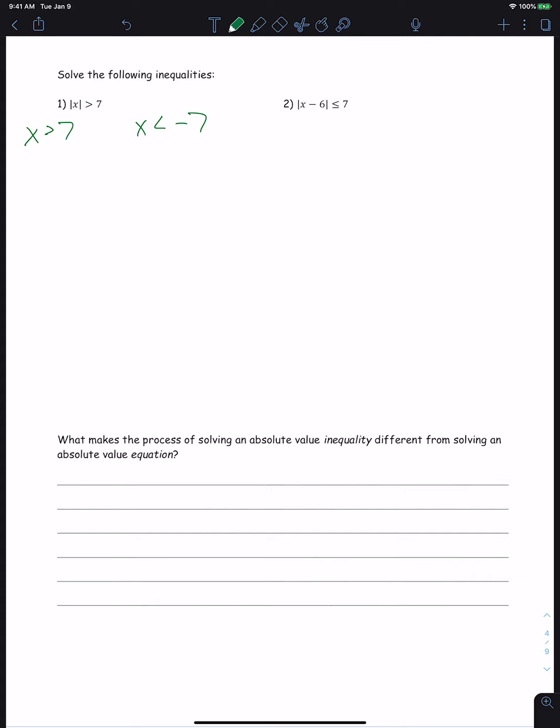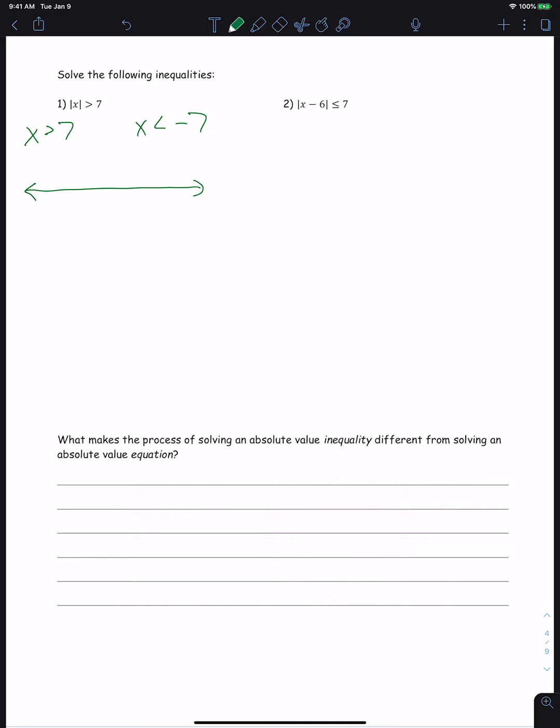Actually, this is pretty much already solved for us. But what I want you guys to do is always graph it so you can see how we are going to write our solution set much easier. So we have two main values, 7 and negative 7.